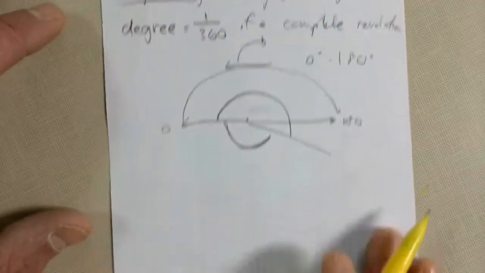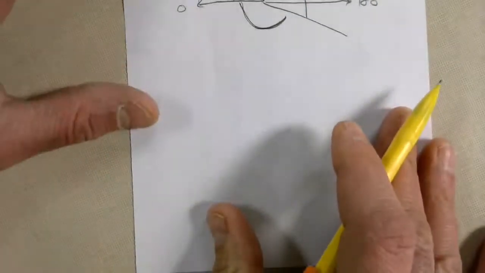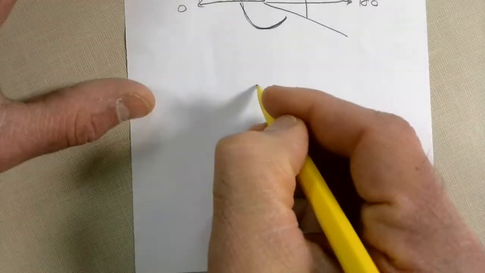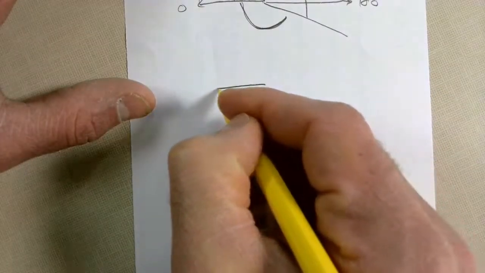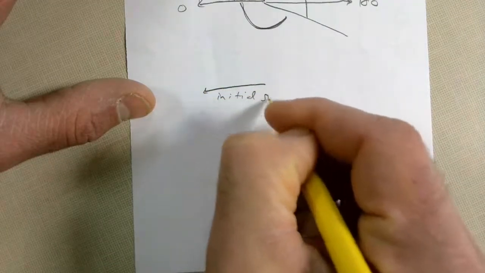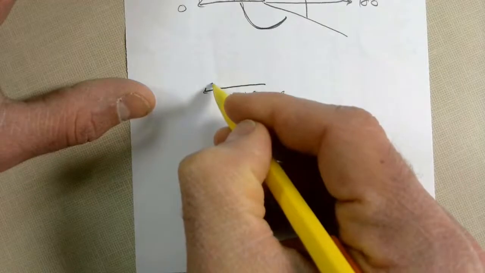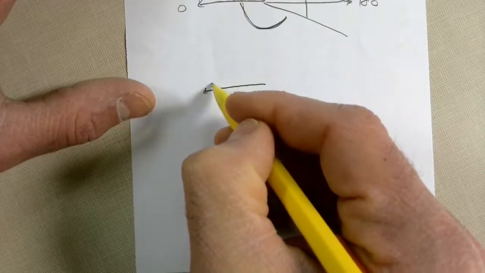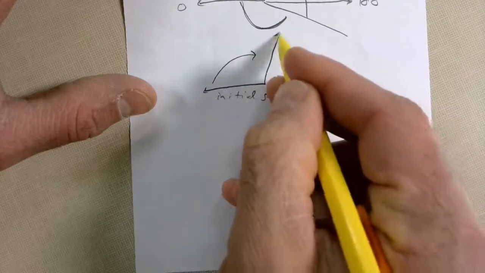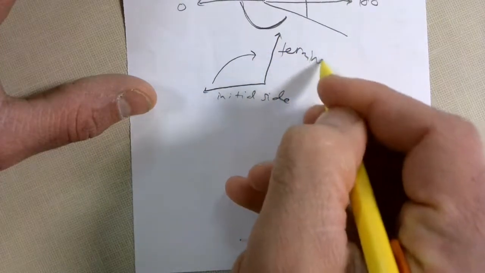Okay, we can make any angle we'd like by using a rotation that moves one of its sides, called the initial side, and rotating it until we land at what we're going to call a terminal side.